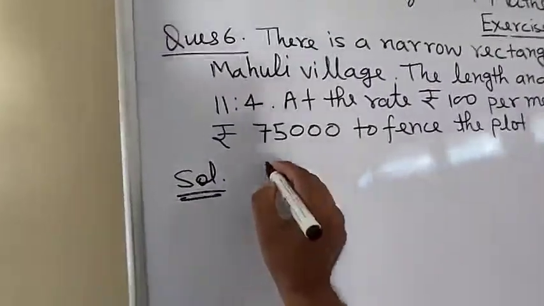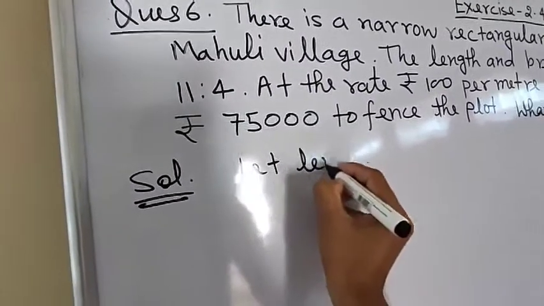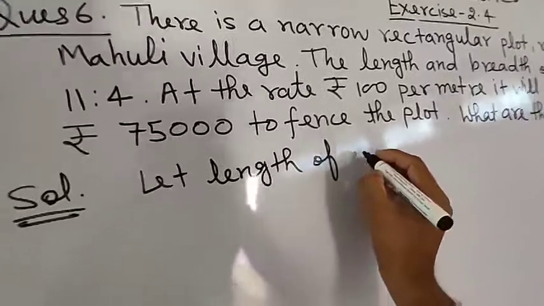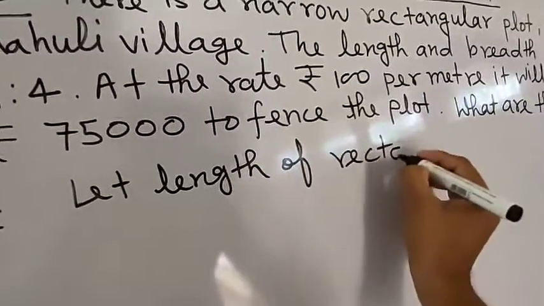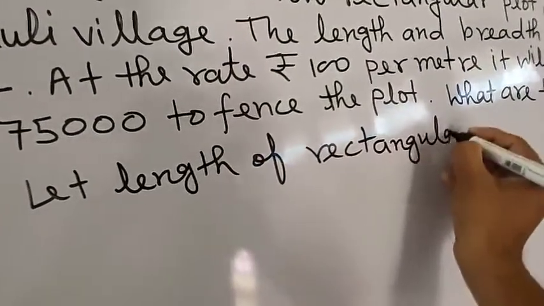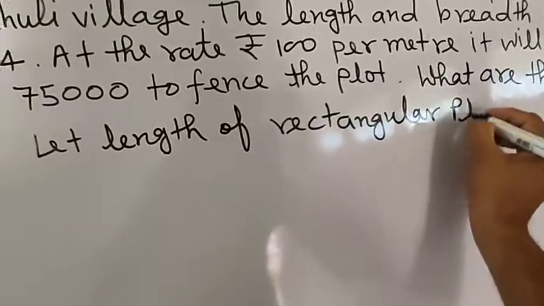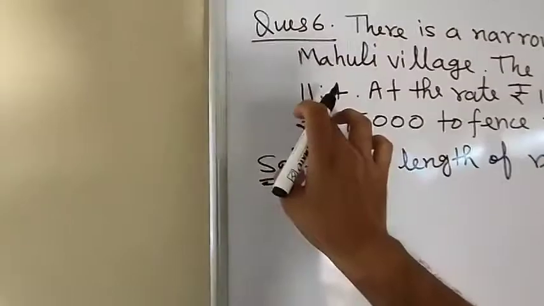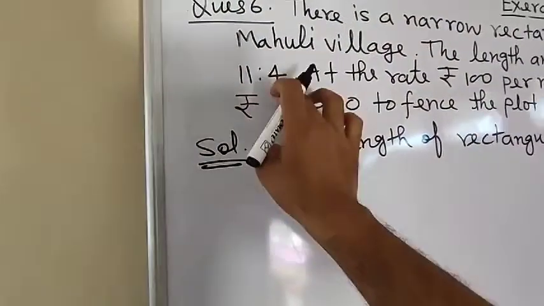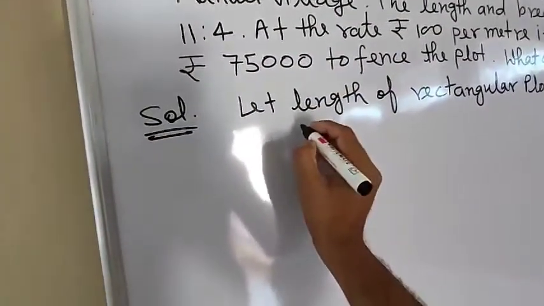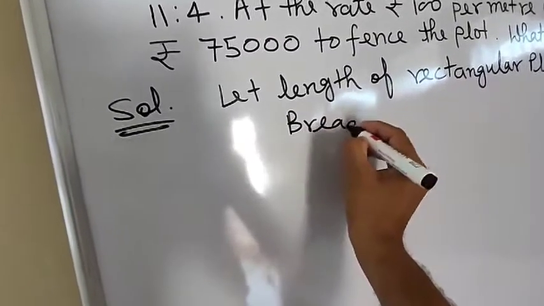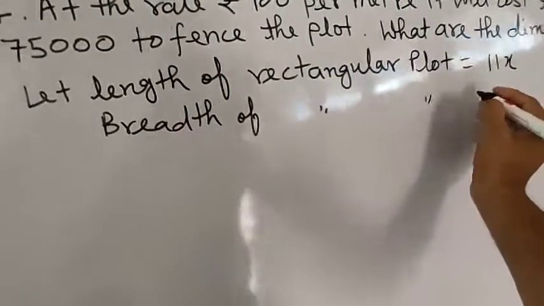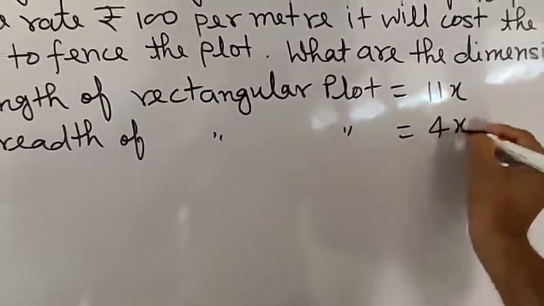So here I will take let length of rectangular plot equal to 11x. 11:4 is given, so 11x will be the length and 4x will be the width, and breadth of rectangular plot equal to 4x.